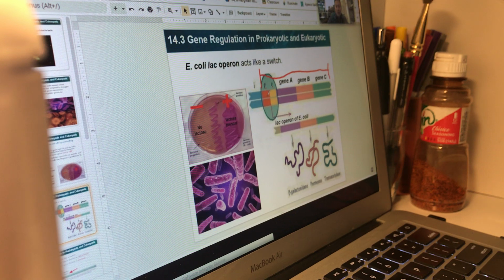And so RNA polymerase carries out transcription to make the message, and this is the RNA. That's DNA, this is RNA. It makes one-stranded RNA.